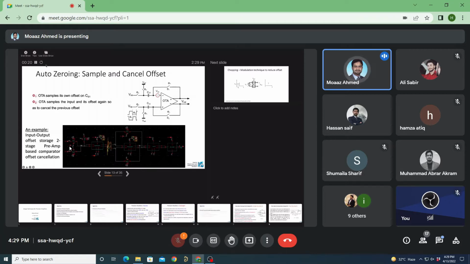Because now the pointer is at least visible. Because you're sharing your screen. Yes, I'm sharing the screen. So why don't they see the pointer if you're sharing the screen? They should be able to see it because it's an exact copy of the screen, right? Anyway. Are you using Zoom? It's Google Meet. Oh, Google Meet. Yeah.